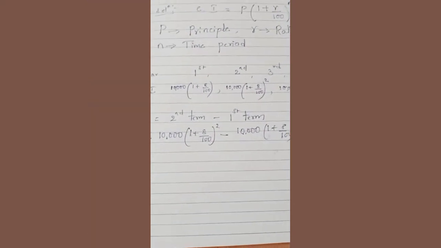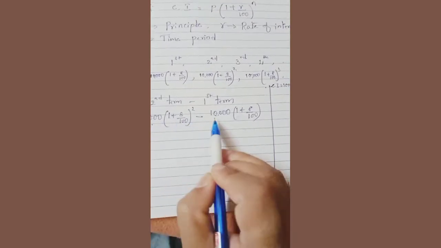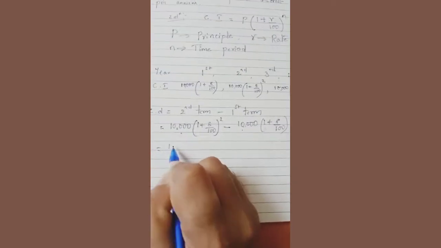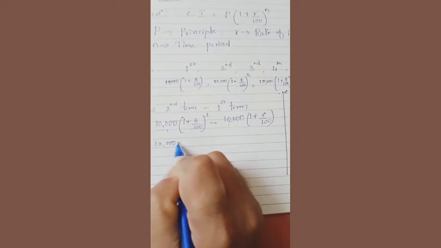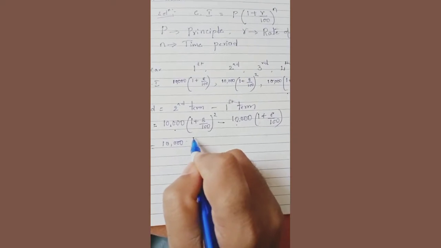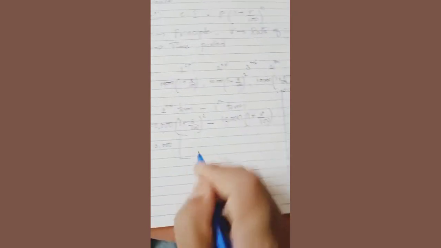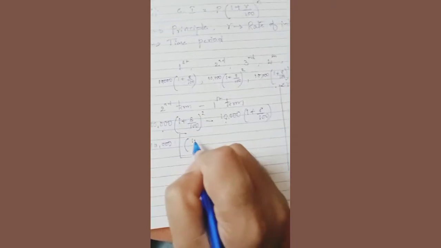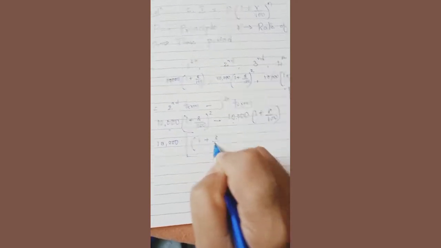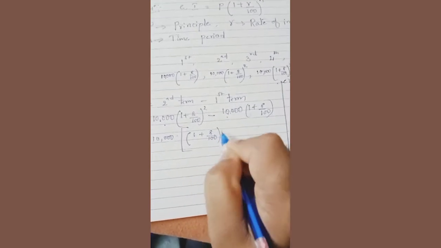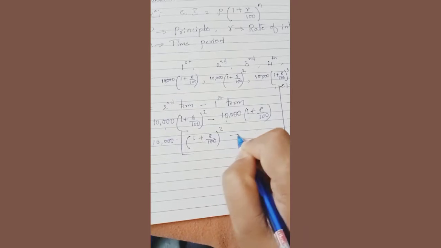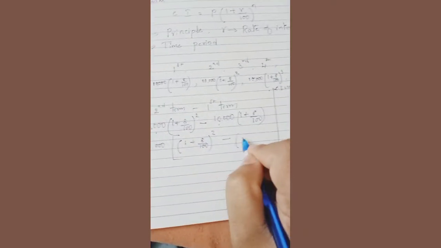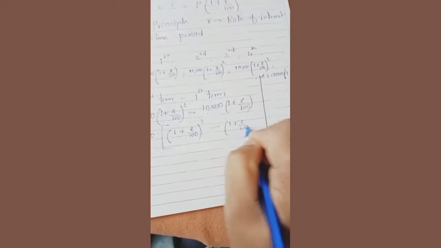Friends, you can see here 10,000 is the common factor. First I will take out 10,000 as the common factor, inside this big bracket. What is left out here? In the first term, it is 1 plus 8 by 100 whole to the power of 2 minus, here 10,000 is already outside, so it is 1 plus 8 by 100. Close the bracket.